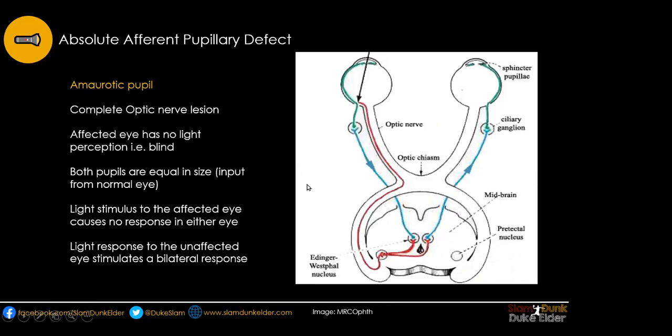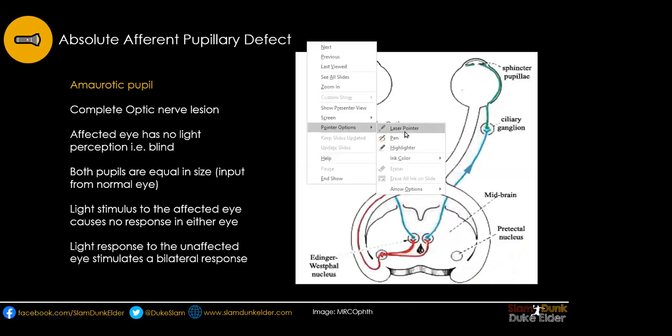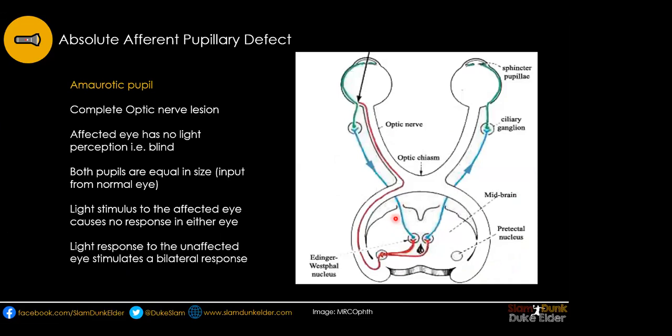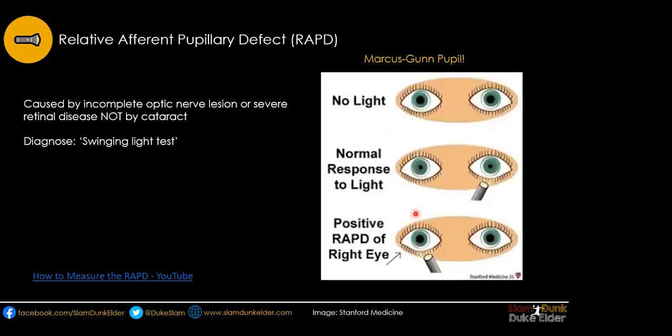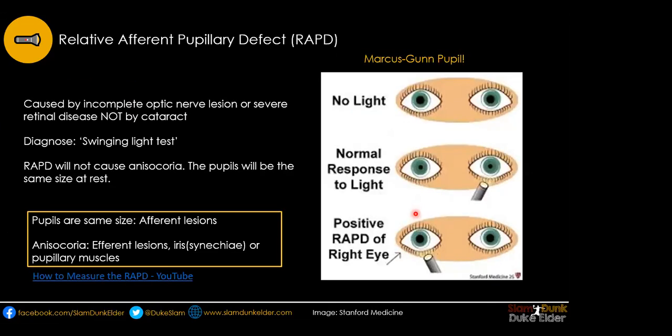After that, from this point onwards, if there's any lesion, it will cause the pupils to be a different size. So postganglionic, and anything to do with the iris, maybe synechia, which we've talked about before, or if there's any problems with the pupillary muscles themselves, that can cause an anisocoria.